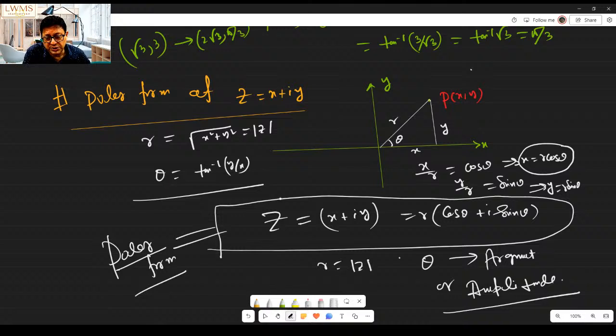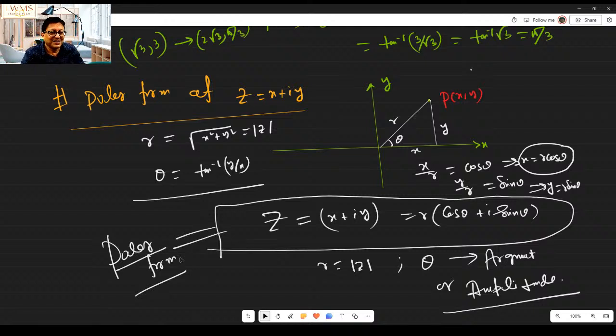R is mod z. Finding r is not a problem for you. You are very good at this. But argument, you are good at argument also if the complex number lies in the first quadrant. Problem arises if the complex number goes to the second quadrant, third quadrant, or fourth quadrant.